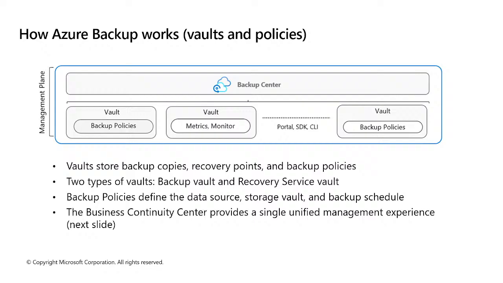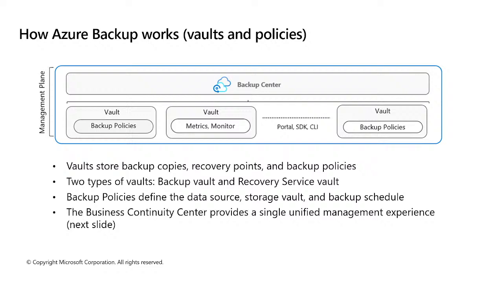Within the backup policy, we define the source where the data is going to come from, the kind of vault we want to leverage, backup vault or recovery vault, and the schedule. Do we want this to be done every day, or once a week, and the likes? This is how it works. Majorly, we create our vault, then we create the backup policy, which includes the data source, the vault that we want to back up to, and the schedule.